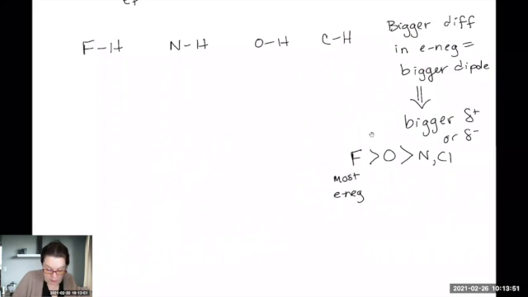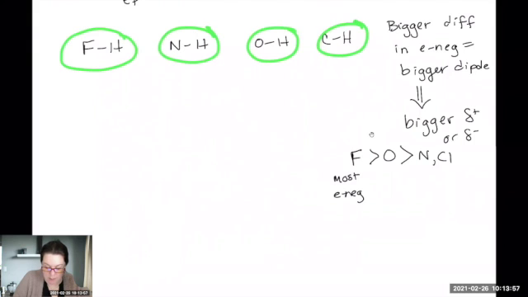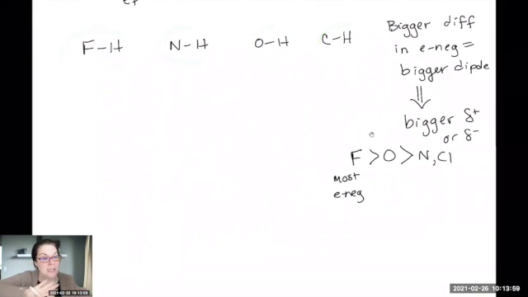So if we look back at our bonds here, we have fluorine and hydrogen, nitrogen, hydrogen, oxygen, hydrogen, and carbon and hydrogen. So the hydrogen is constant through all of this, right? So the only thing we need to really compare is the electronegativities of those other atoms, because hydrogen's going to stay whatever hydrogen is. Okay. So fluorine is the most electronegative.